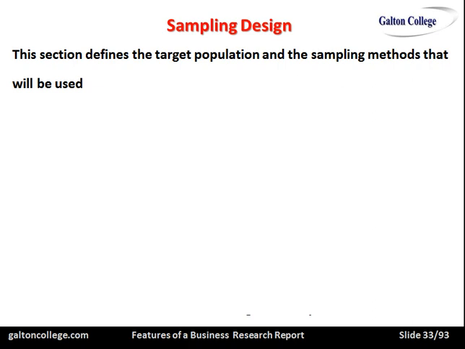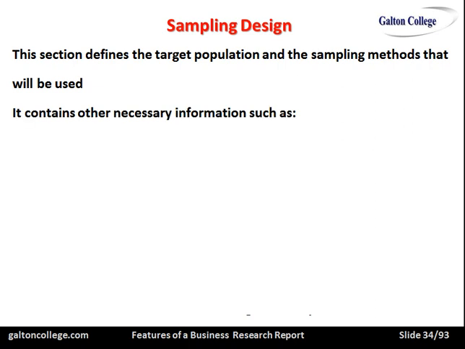So it may be looking at customers, for example, for the business. That may be the relevant target population. And now, what sampling methods will be used to gain an insight into the motivations and opinions of the customers?